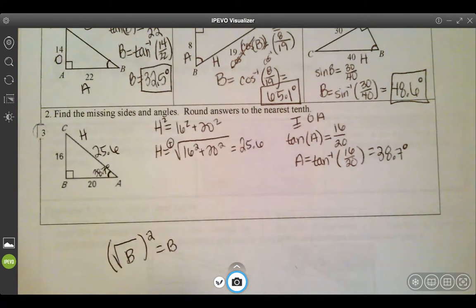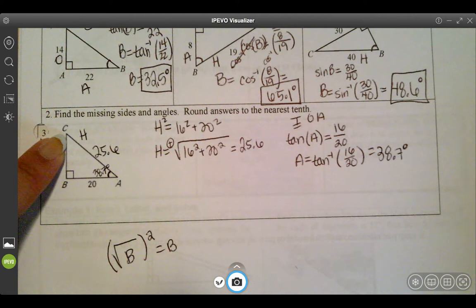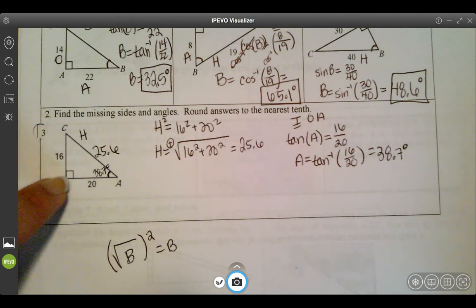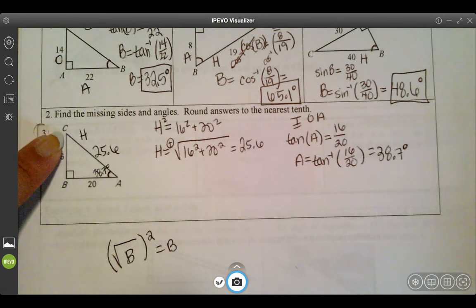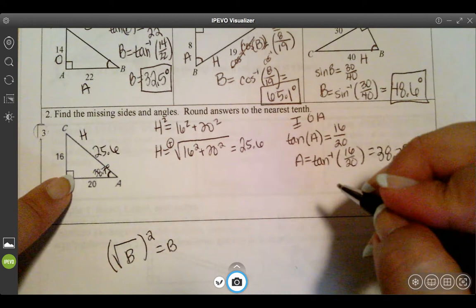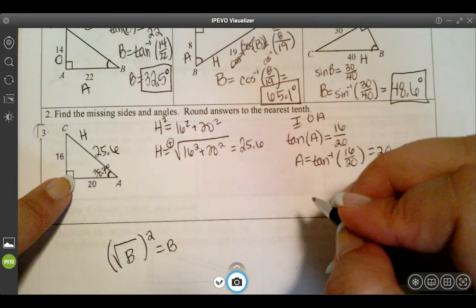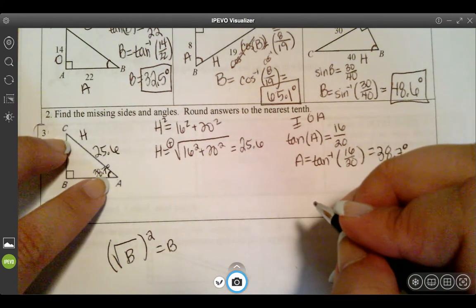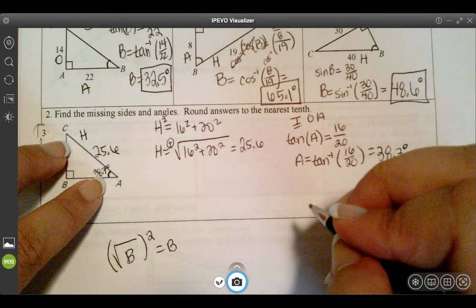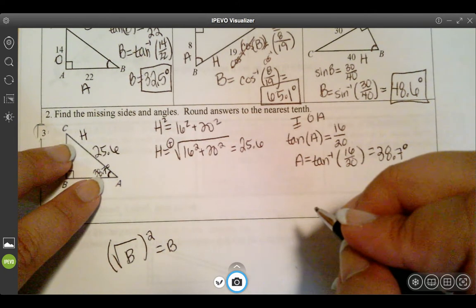38.7 degrees. For our last angle, again, we could use trigonometry, or because we have 2 angles, we can always use the triangle sum. 180 minus 90 is always going to be 90. So the 2 angles in a right triangle that are not the right angle will always add up to 90.